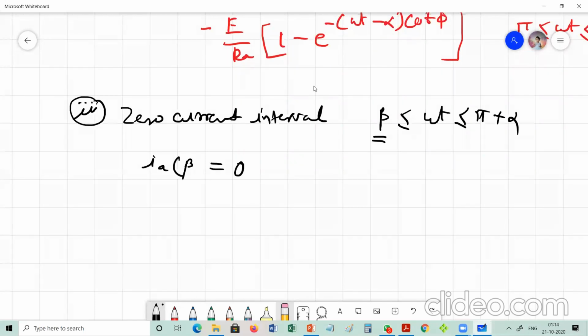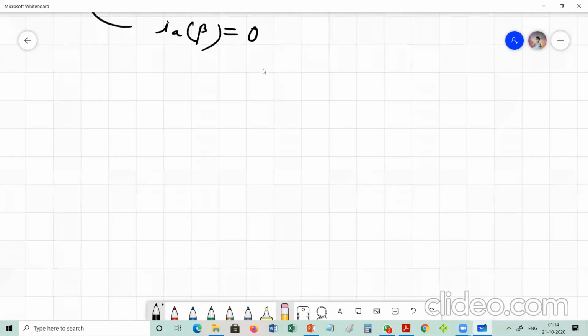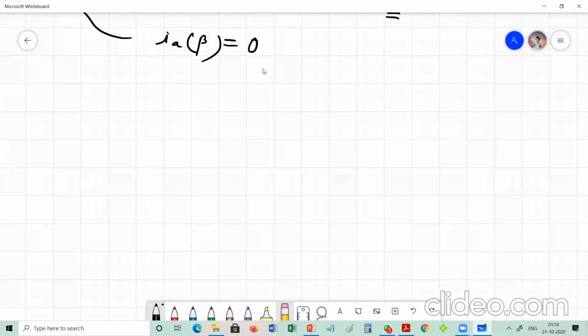Okay, if you put these conditions in the above equation, we can get an equation to find the value of the extinction angle beta.